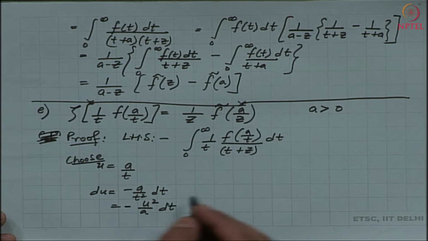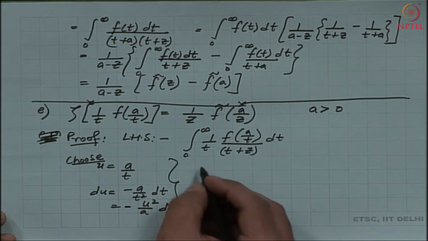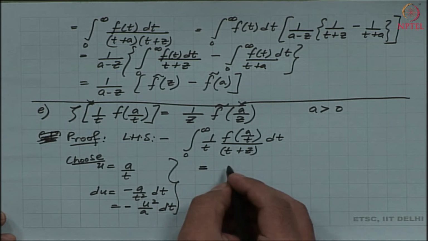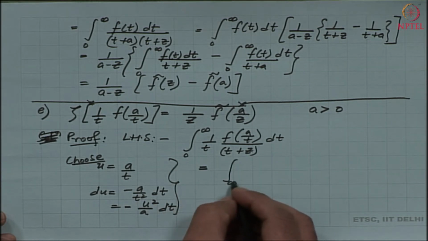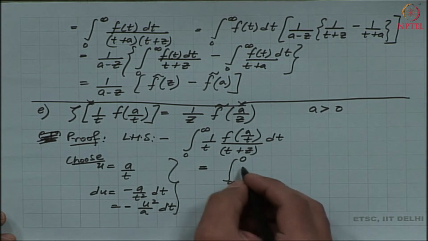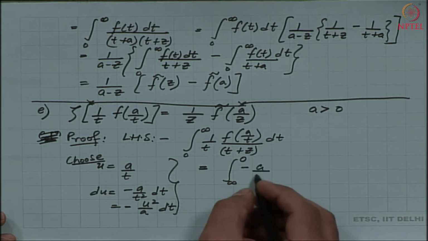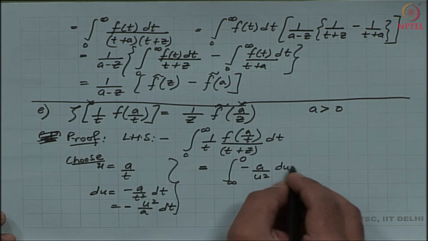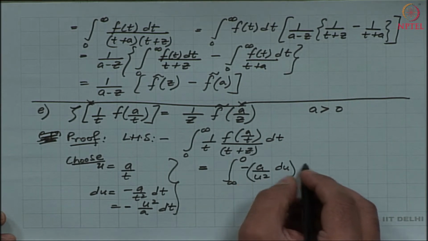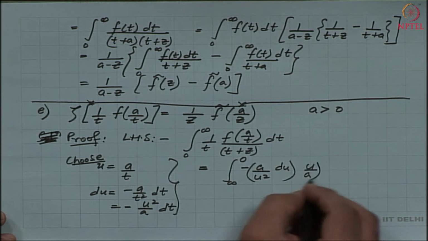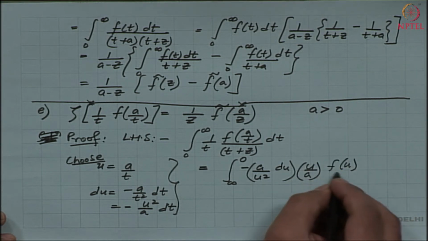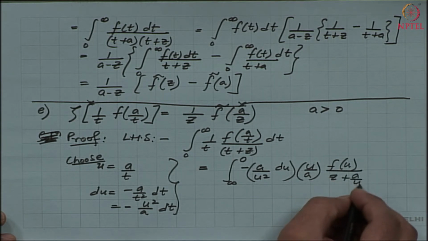Okay. So, when I use these substitutions, I get my new integral as follows. I get the integral from infinity to 0 of minus a by u square du times u by a times f of u divided by z plus a by u.